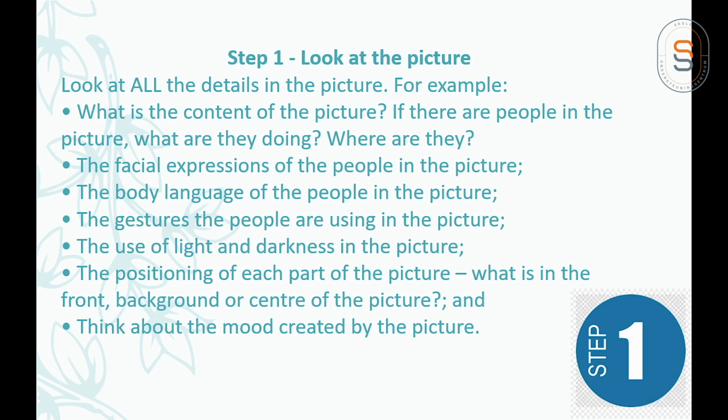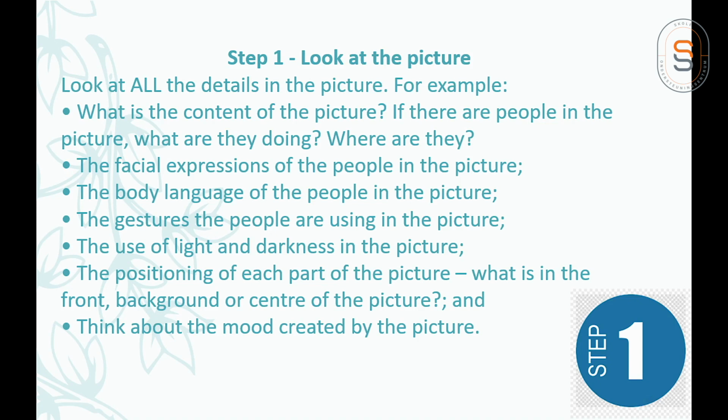Step 1. First of all, visual means picture. So you look at all the details in the picture. For example, what is the content of the picture? If there are people in the picture, what are they doing? Where are they?